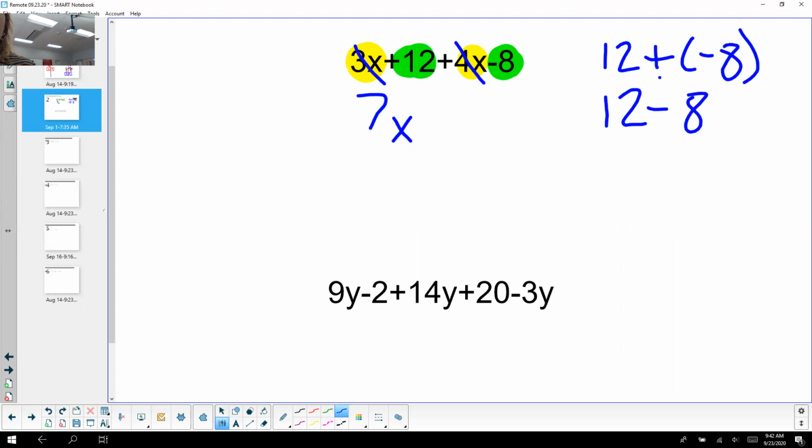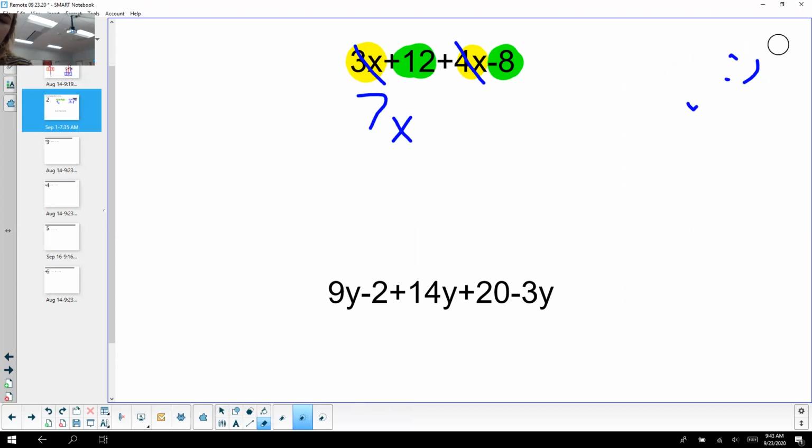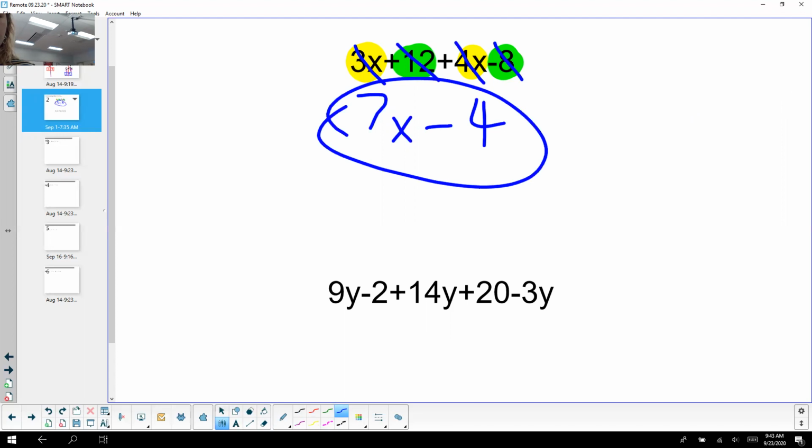So when you add a negative like that, all you're doing is just subtracting. So if you see a positive term and a negative term, when you combine them, you can just go ahead and subtract. All right, so again, 12 minus 8 gives me 4. And that's our answer for that one.